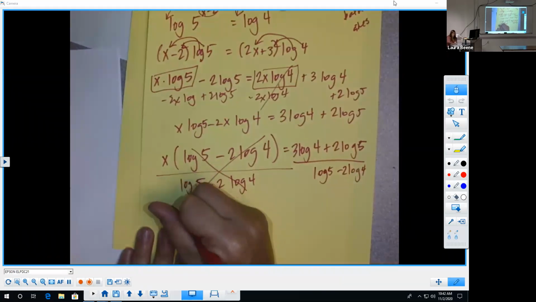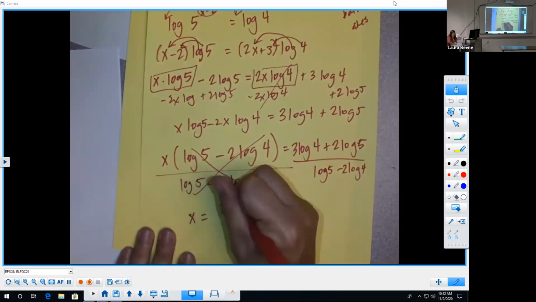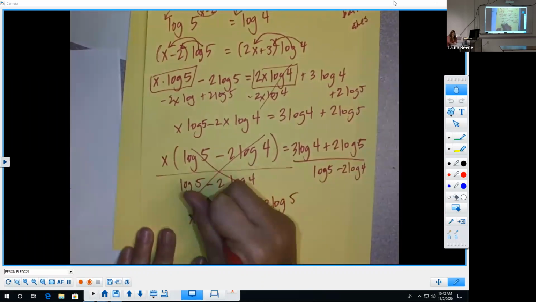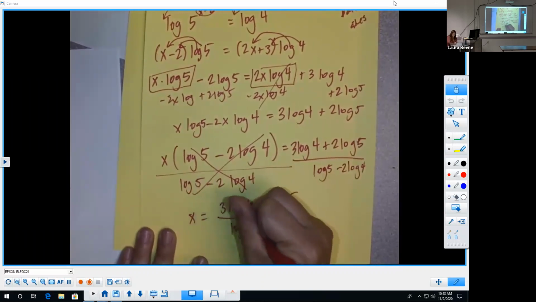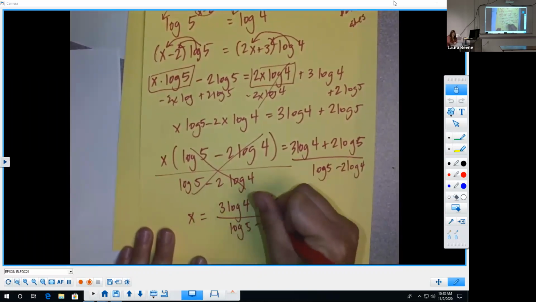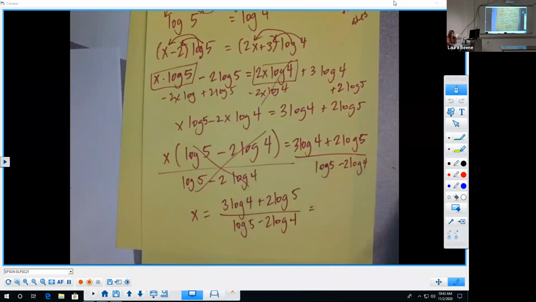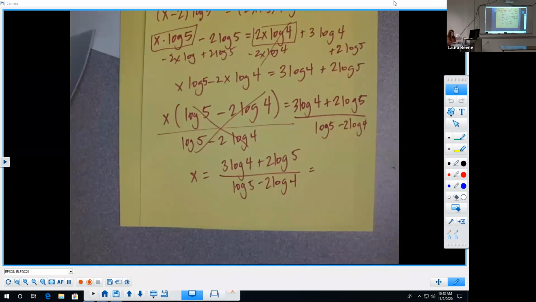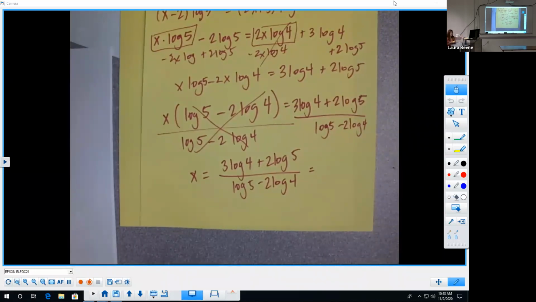So I'm left with x equals 3 log 4 plus 2 log 5 divided by log 5 minus 2 log 4. Isn't that just a number? You could type it in your calculator to get the number for that.